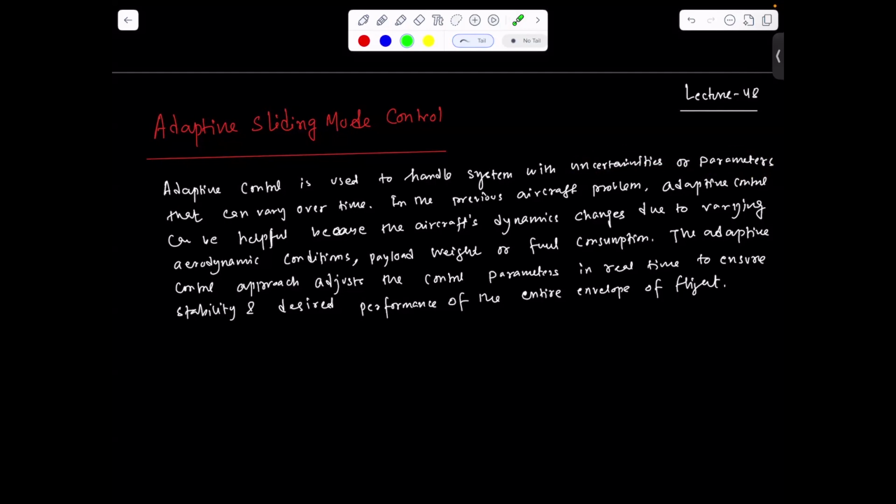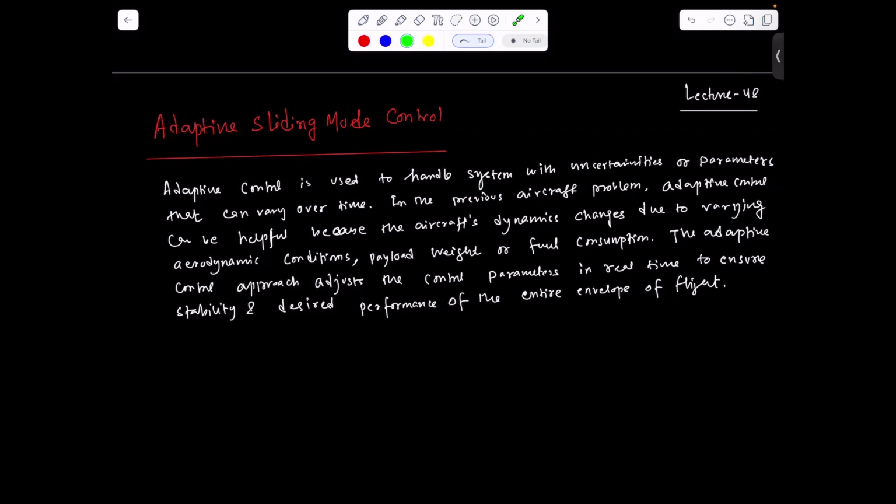So we'll take the same example you had before, and we'll see how we can design the adaptive control for that system. Here we'll be using sliding mode control, which you have done for the aircraft.